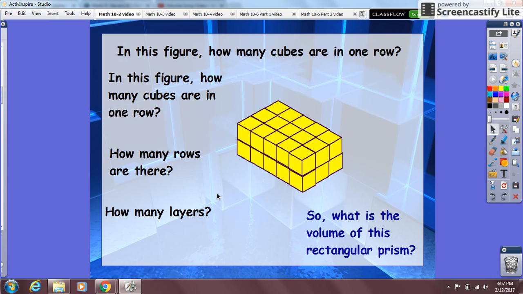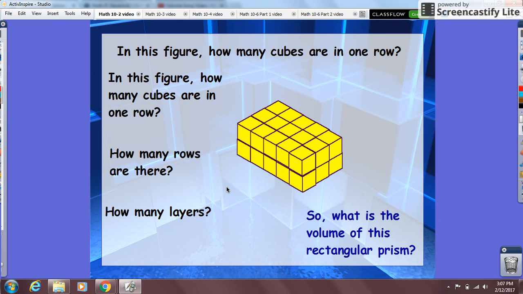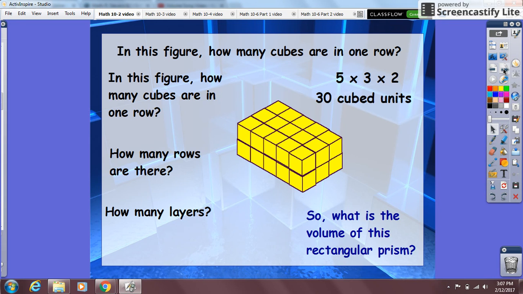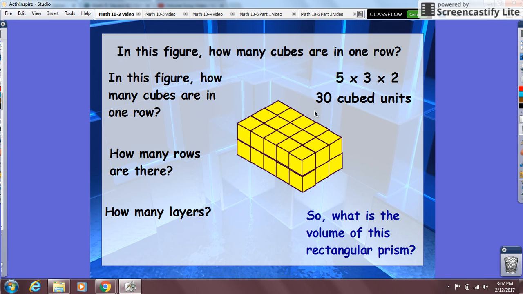Now, let's look at this one. All right, in this figure, we can count that there are 1, 2, 3, 4, 5 cubes in 1, 2, 3 rows, and there are 1, 2 layers. Okay, so if we multiply those out, we would find that our volume is 30 cube units.